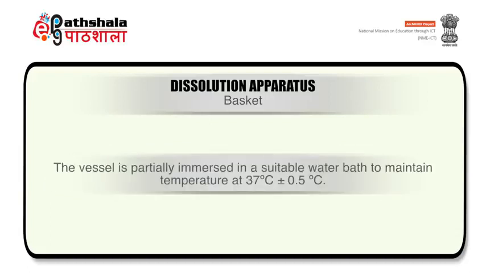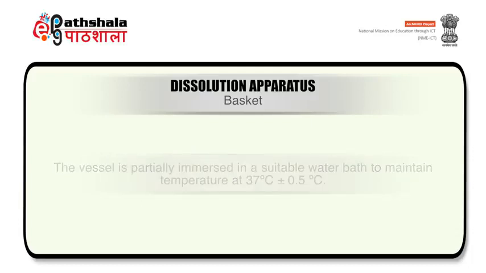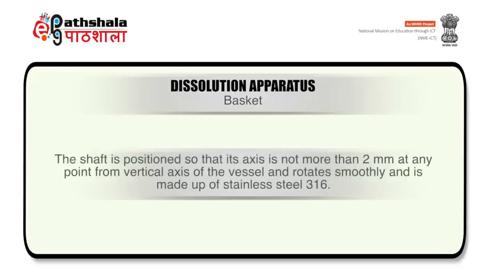The vessel is partially immersed in a suitable water bath to maintain the temperature at 37 degrees Celsius plus or minus 0.5 degrees Celsius. The shaft is positioned so that its axis is not more than 2 mm at any point from the vertical axis of the vessel, rotates smoothly, and is made of stainless steel 316.